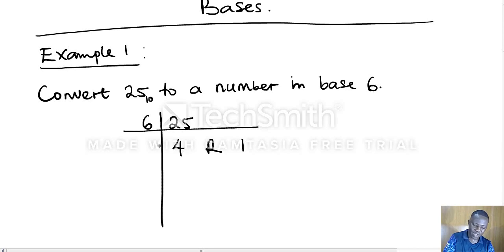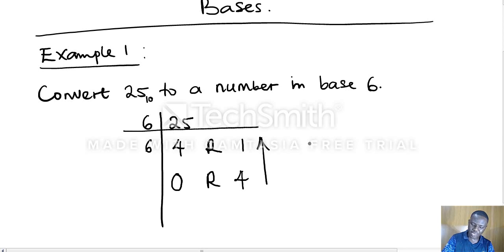I will also divide 4 by 6, and 4 divided by 6, it cannot, so I'm going to write 0 remainder 4. This is how you keep dividing until you get to 0. And the equivalent of 25 base 10 in base 6 is the remainders written from the bottom to the top.